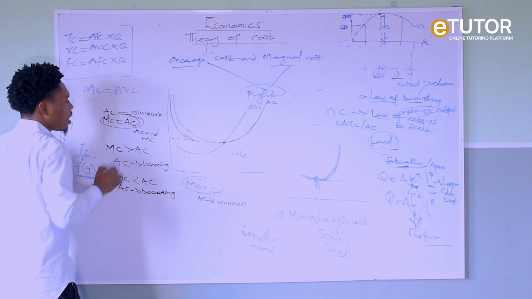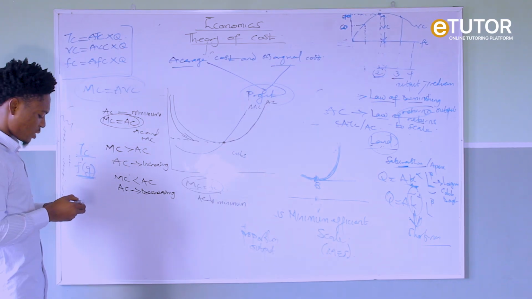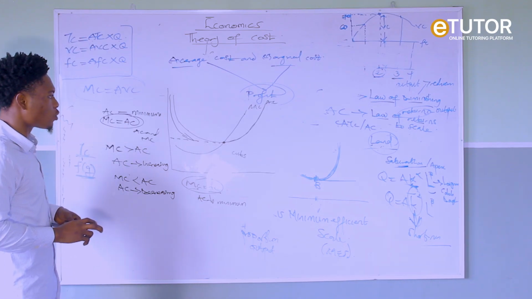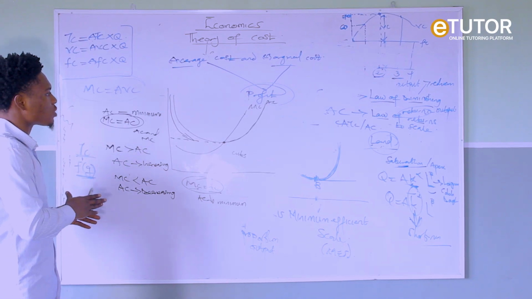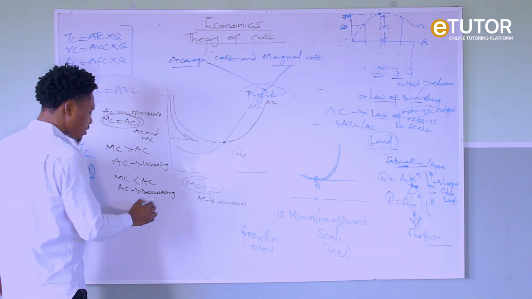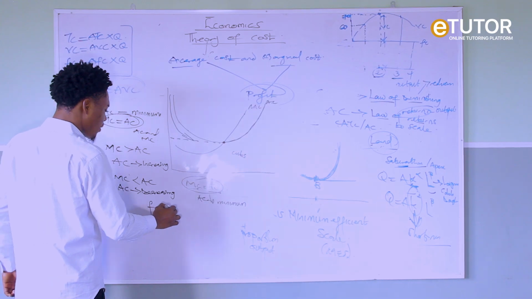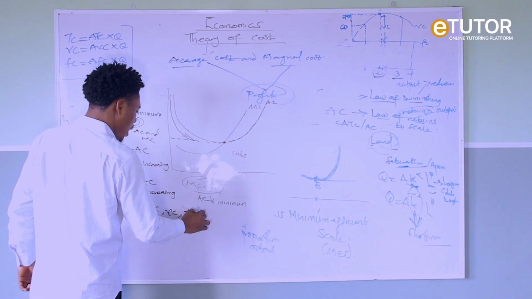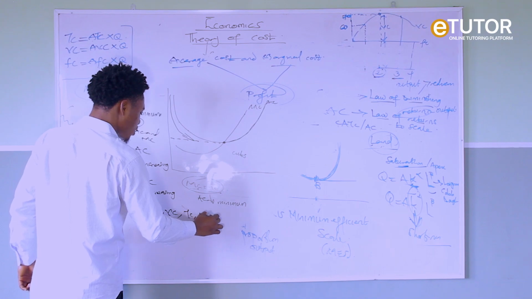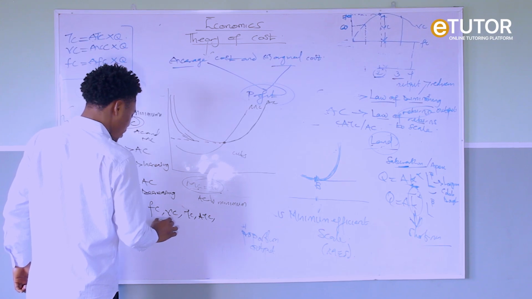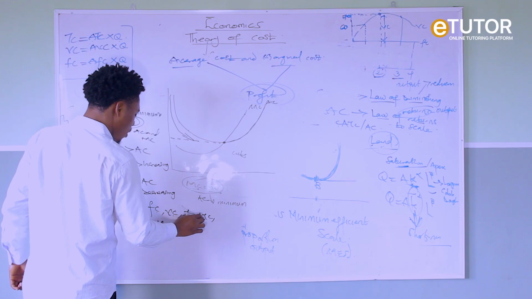So there will be equilibrium between marginal cost and average cost at the minimum point of the average cost. So far we have been able to discuss our fixed cost, our variable cost, our total cost, our average total cost, and our marginal cost. So this is 1, 2, 3, 4, 5.